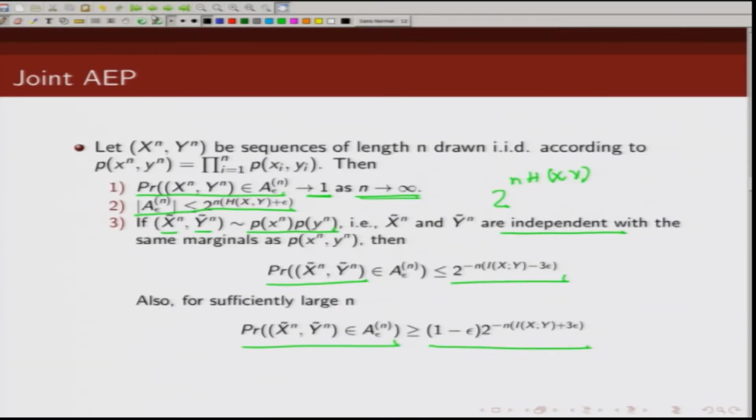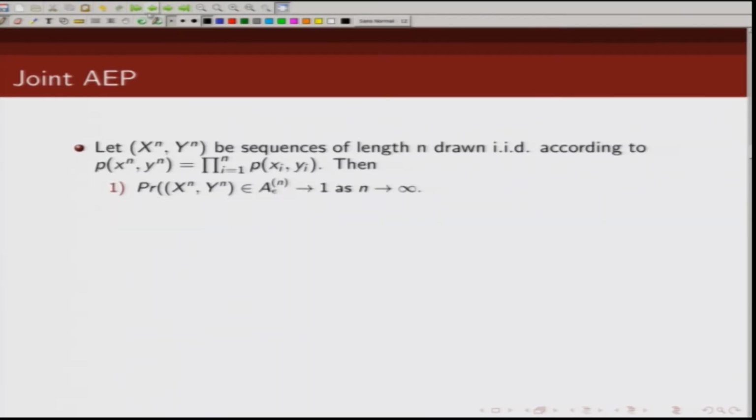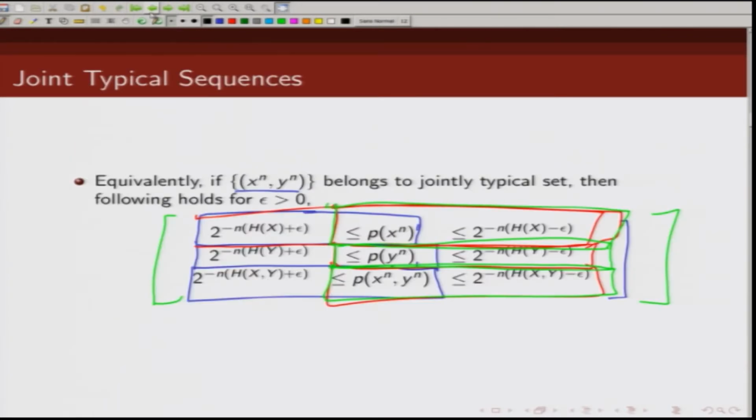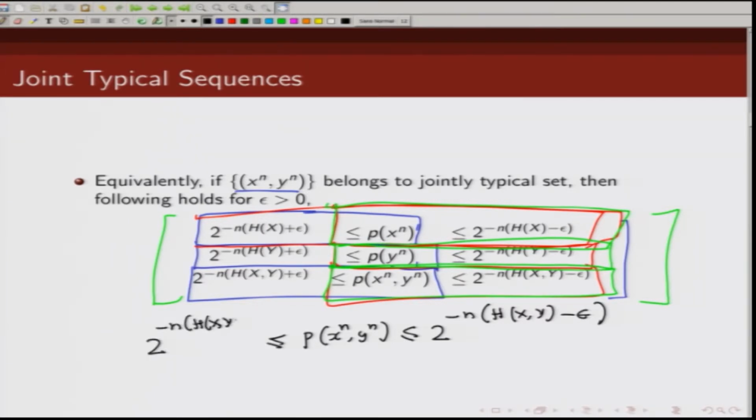and invoking this property, which follows from the definition of a jointly typical sequence, I know that P of (xⁿ, yⁿ) is less than or equal to this, and greater than or equal to this quantity. Okay.